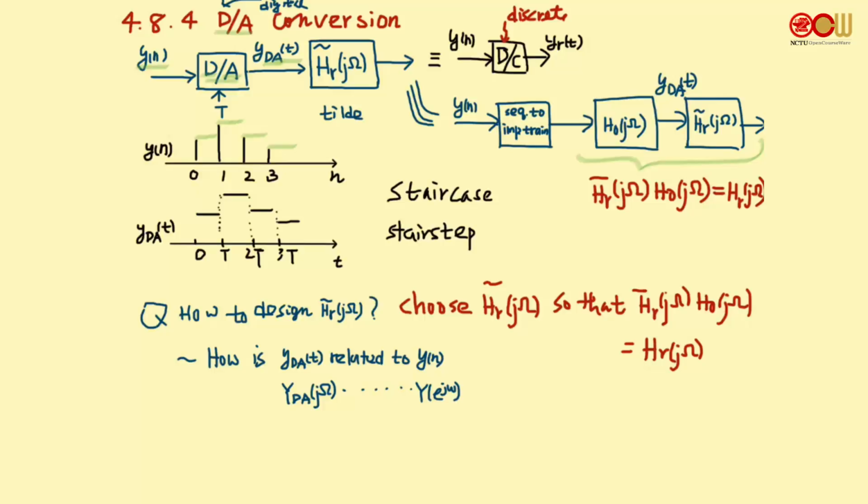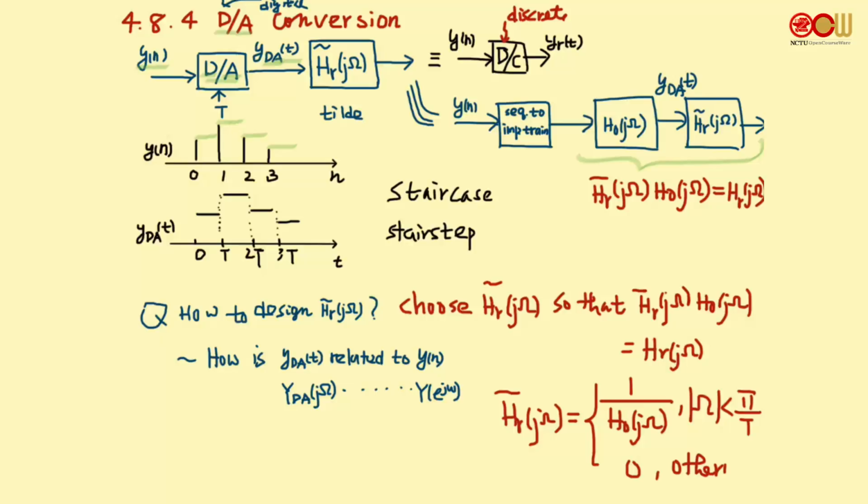In other words, that means HR tilde j omega should be 1 over H0 j omega for omega in this range, and it's 0 elsewhere.